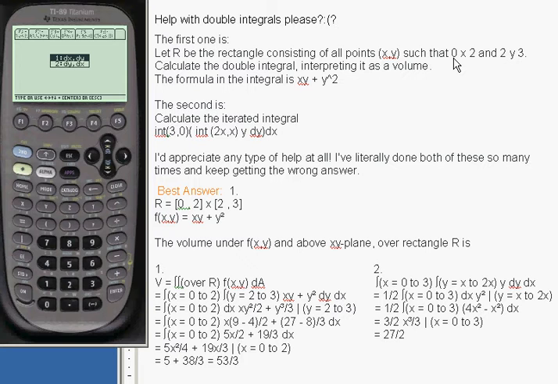They have ax and bx here and ay and by here. Now this person who answered it has it dy dx, so we're going to do it that way.